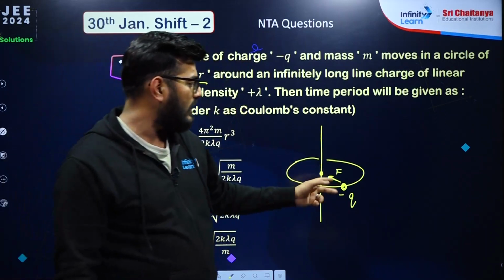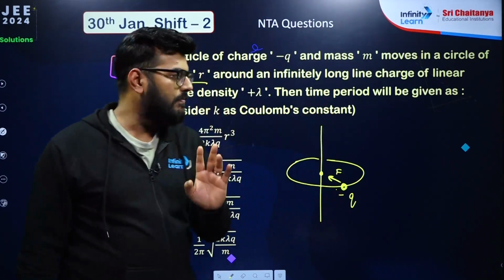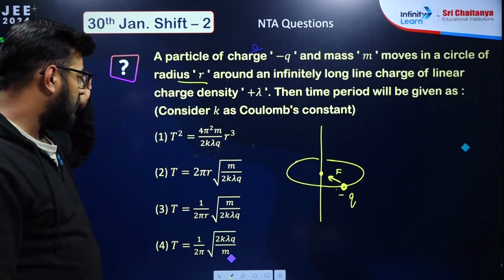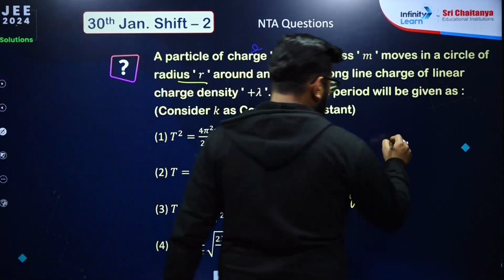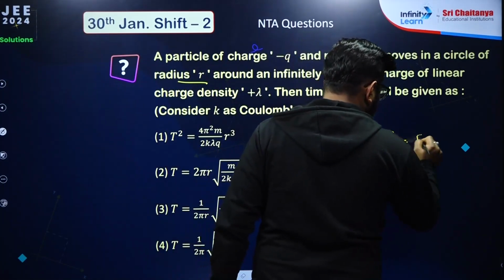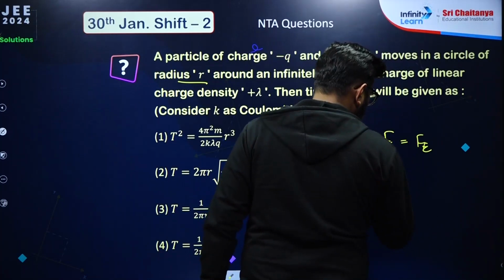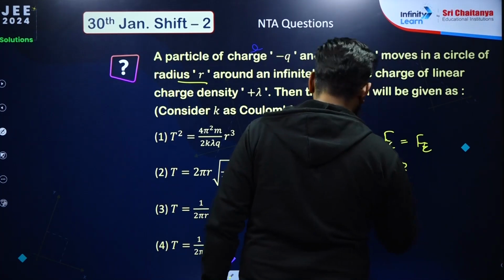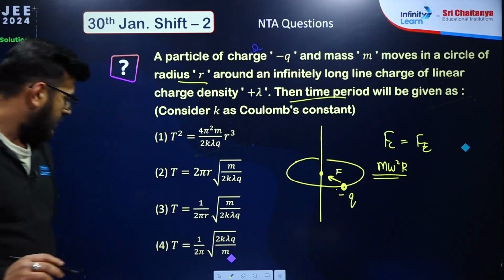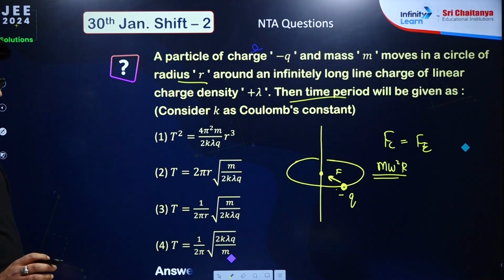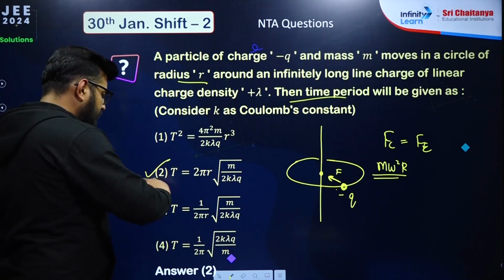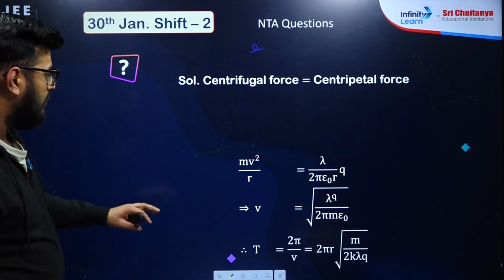So you need to equate the electrostatic force of attraction with the centripetal force, and the centripetal force over here will be m omega square r. Through that you can very easily find the value of time period, and based on that the correct answer is option number 2. I hope this is clear.